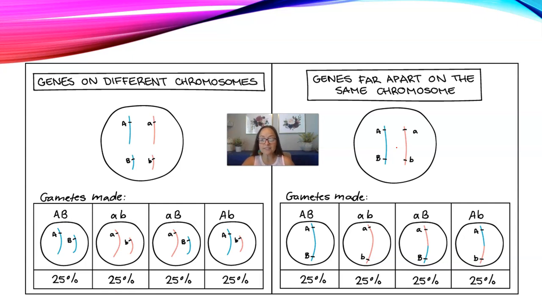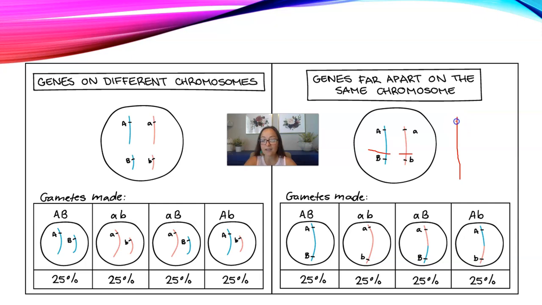But here on the right-hand side, sometimes if genes are really far apart from each other, crossing over happens so often, more than 50% of the time, that we can talk about those traits as if they were on separate chromosomes. So if you find a crossing over frequency of 50% or greater, you can treat those traits as if they were not linked.